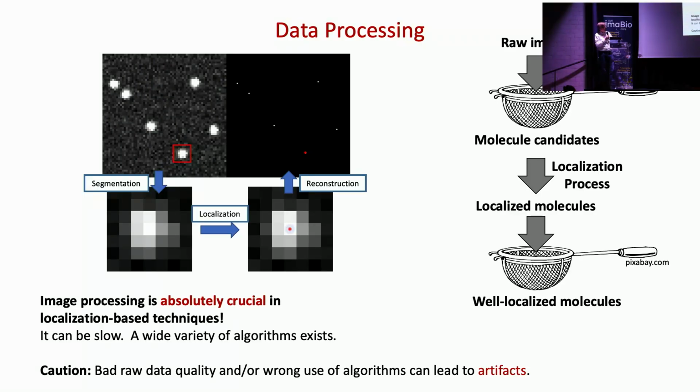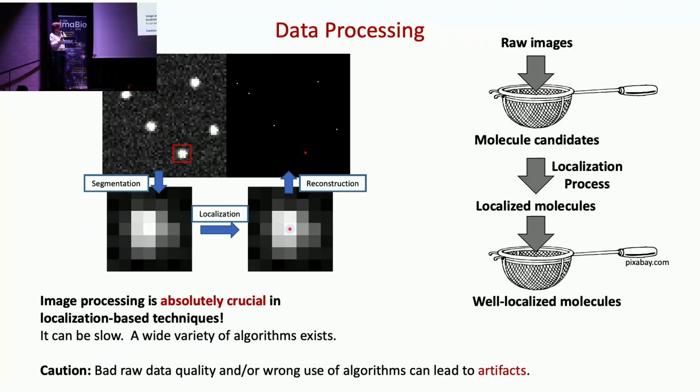And then later on the localized molecule side, if the fit really didn't work, if it didn't converge to any reasonable values, you also want to filter those out. So this is where the training, your user input in the data analysis process, becomes quite critical, and you need to be aware that this is something where you as a user will have input and can fine-tune your data processing.